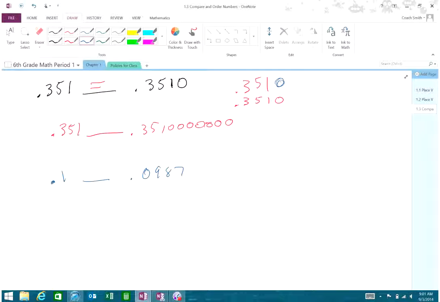Staley? Yeah, 0.1. 0.1 would be larger. Even though the other one has more digits, doesn't matter, like we said. You have 0.1, and I add digits to make it have the same amount of digits as the other number. Oh, 0.0987, my bad.